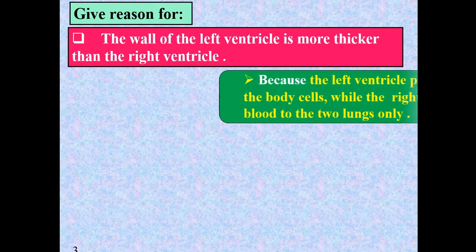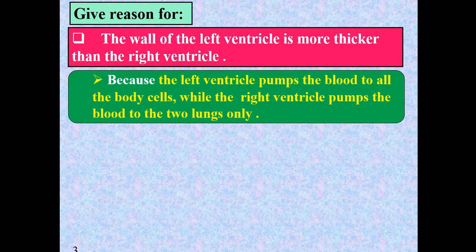Give reason: the wall of the left ventricle is thicker than the right. Focus on any photo of the heart. You will see that there is a wall between the two sides.